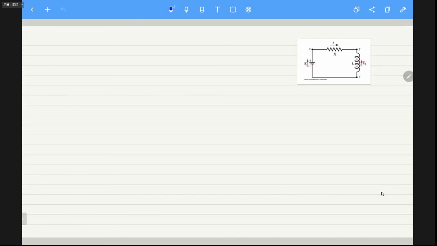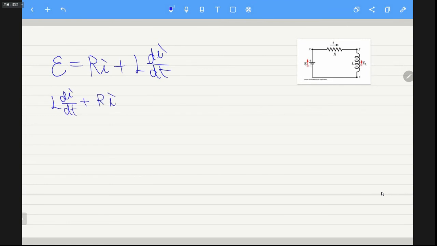So we can write the KVL for this one. We have E equals R times I plus L dI dt. So this is nothing but a first order constant coefficient ODE. Let me write it like this: L dI dt plus R I equals E, where E is a constant.